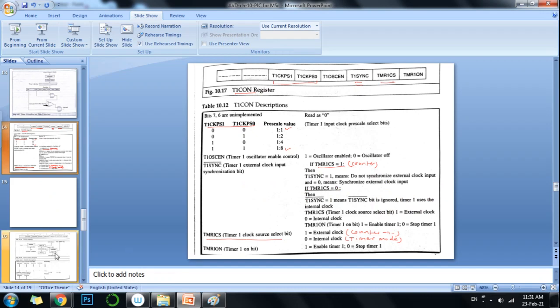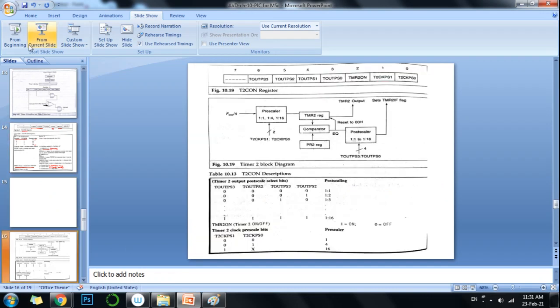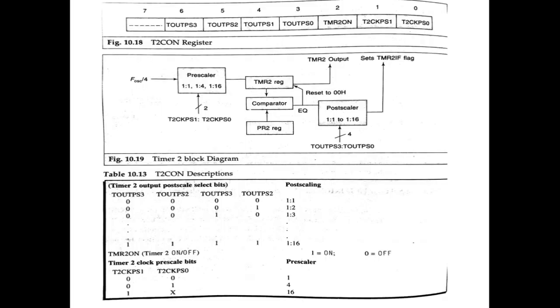Before that, you can see first this one. Both the things are shown here. This slide shows the details about timer 2. You can see this block diagram of timer 2. Just now we have seen that timer 2 is an 8-bit timer.